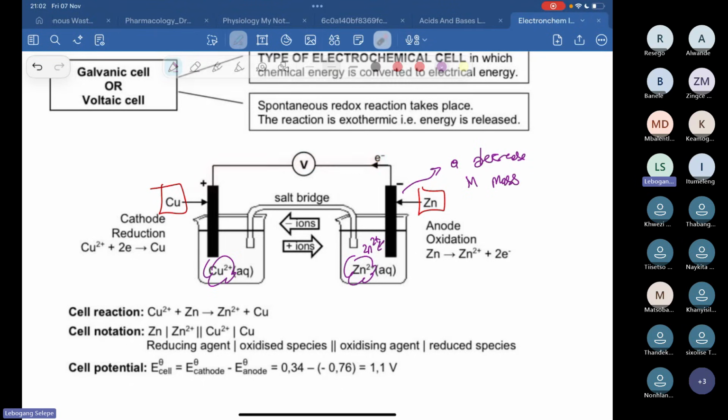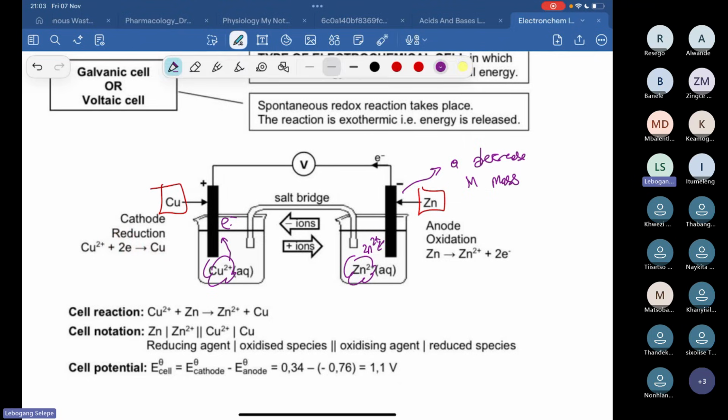Then when those electrons get here, they would be accepted by Cu2+. Remember, electron is negative, Cu2+ is positive, so Cu2+ would be attracted to that negative. Therefore, Cu2+ would gain those electrons, right? So when Cu2+ gains electrons, it becomes Cu solid, right?